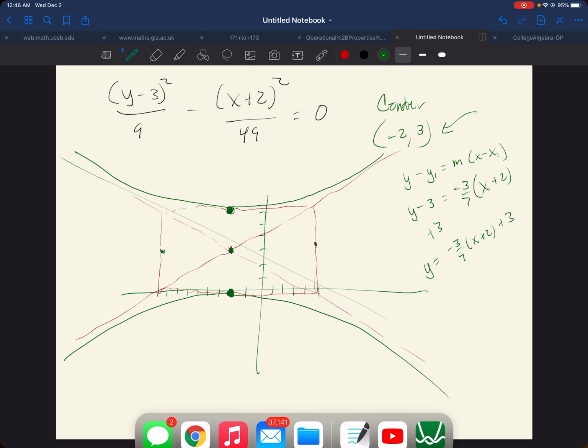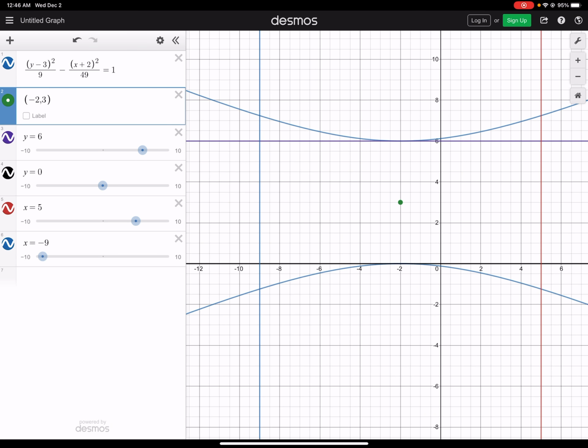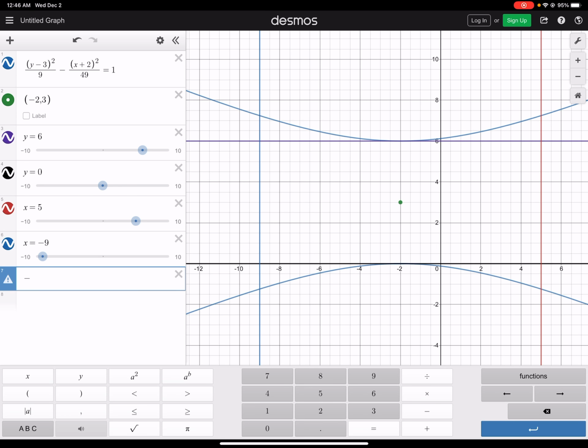I'm going to graph that now. So I've got y equals negative 3 divided by 7, parentheses, x plus 2, parentheses, plus 3.